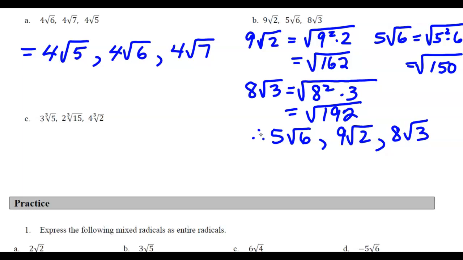And then last one, these are all cubed roots, right? And they all have different coefficients and different radicands. So you have to show them as exact or entire radicals, I should say.